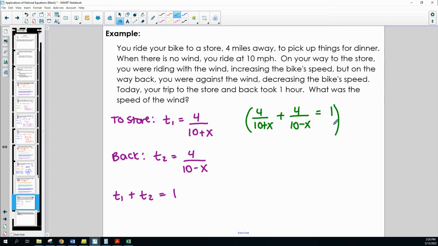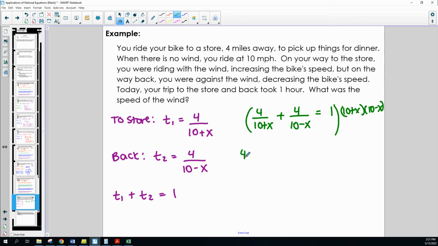Okay, so we're looking at three denominators, 10 plus x, 10 minus x, and this one has a denominator of 1. So if we're looking at all three, the common denominator here would have to be 10 plus x and 10 minus x. Now it looks like it's not so great, but what's actually good about this is that things will kind of cancel out. So if I multiply 10 plus x and 10 minus x to the first fraction, remember it's getting multiplied to the numerator only, so in the denominator the 10 plus x's will cancel out.